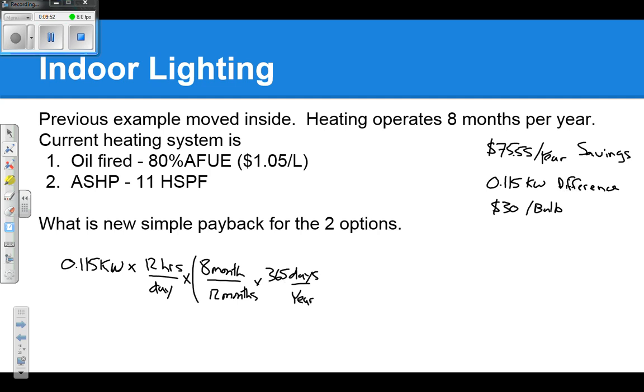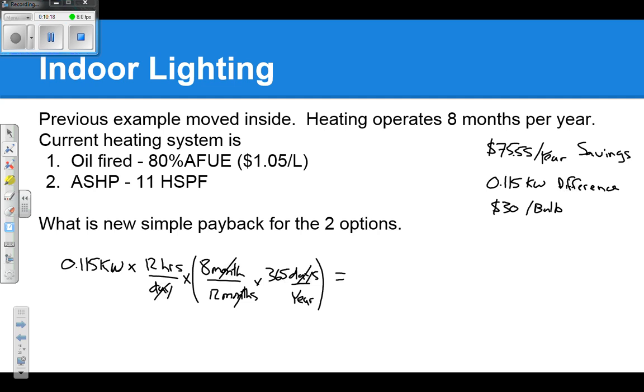If I put that all in brackets, that's like saying 8 months of the year we're going to have to do some supplemental heating. That will give me the kilowatt hours that I'm going to need to make up with oil. So my days cancel out, and my months cancel out, and I'm left with kilowatt hours per year.